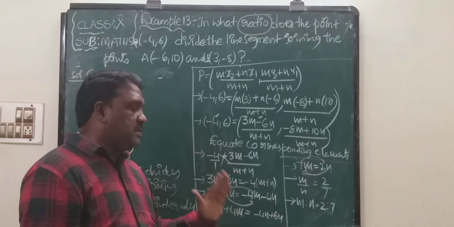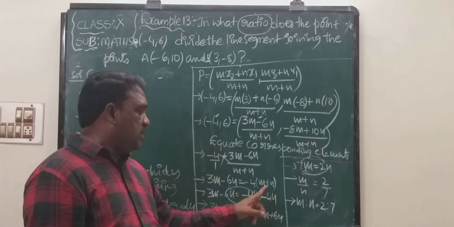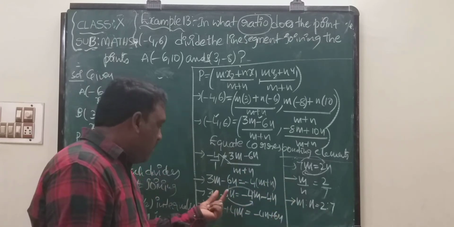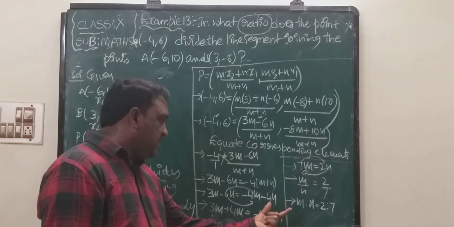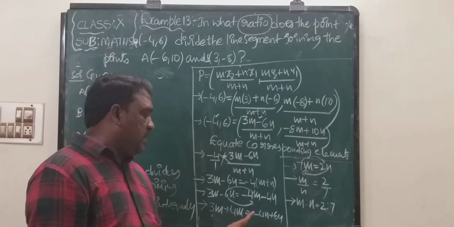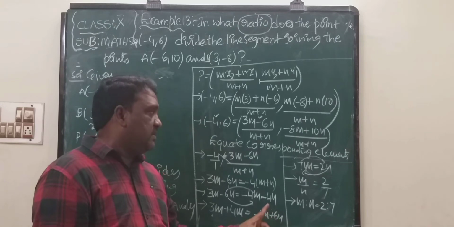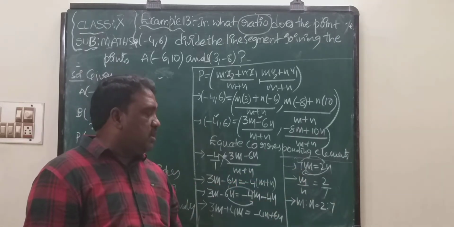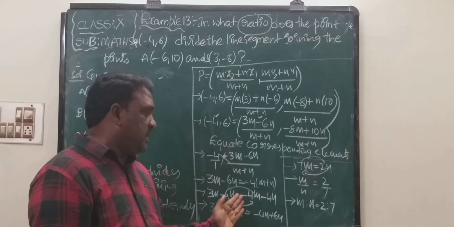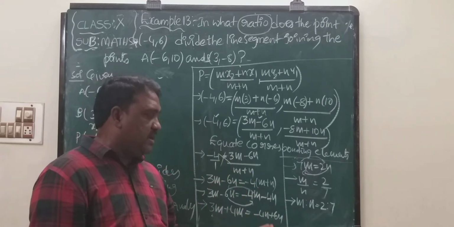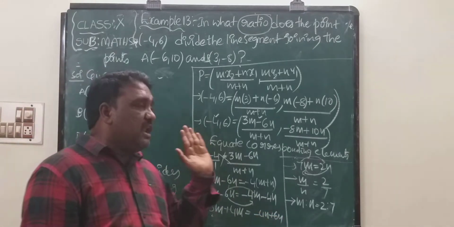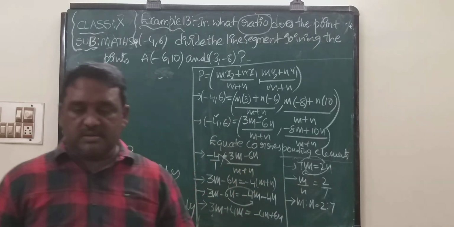Remove the bracket: minus 4m, minus 4n. Minus 6n is moving to the right side, minus 4m is moving to the left side. So 3m plus 4m equal to minus 4n plus 6n. Now 7m equal to 2n. m by n equal to 2 by 7. M is to n equal to 2 is to 7. By equating the second elements also, we get the same answer.